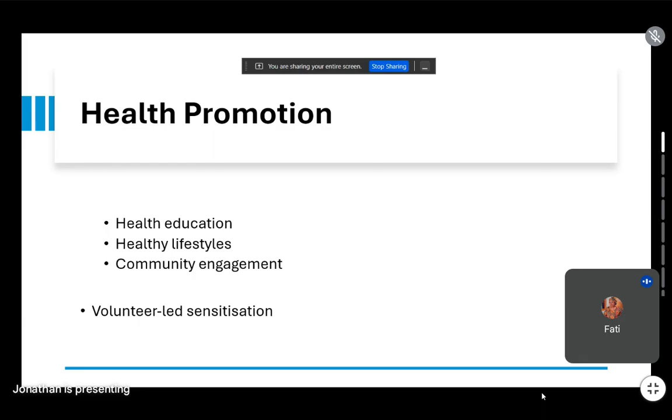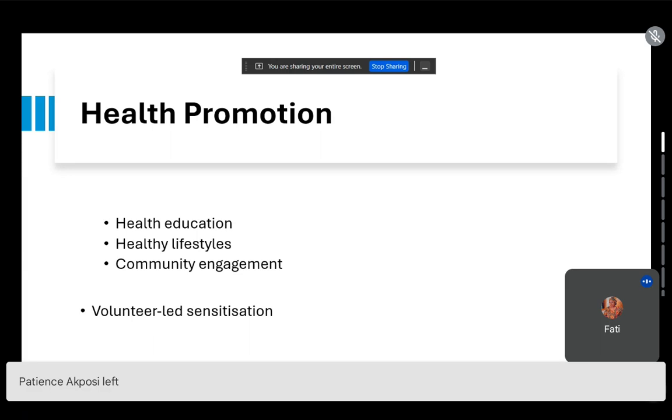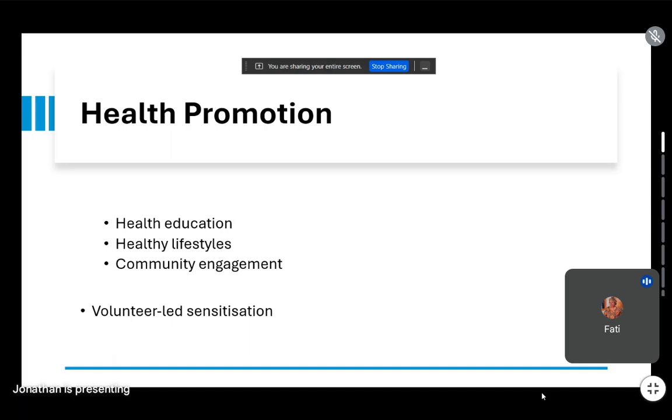It could be nutrition education, exercise campaigns, sanitation awareness, and many other things that could promote individuals' health. So that is what is captured under health promotion.